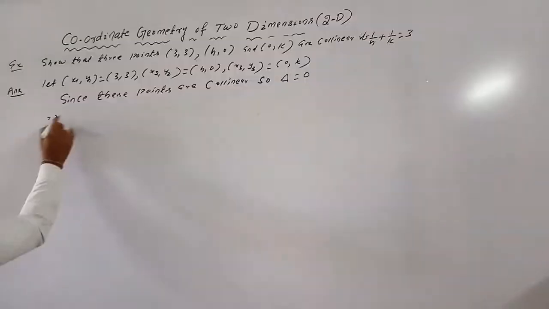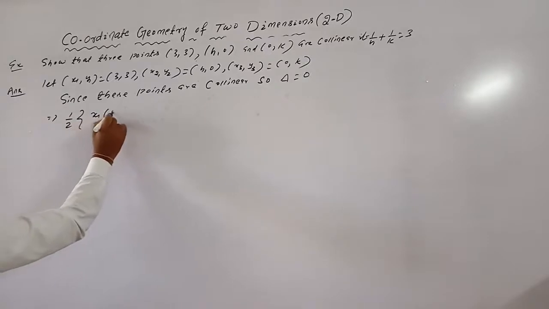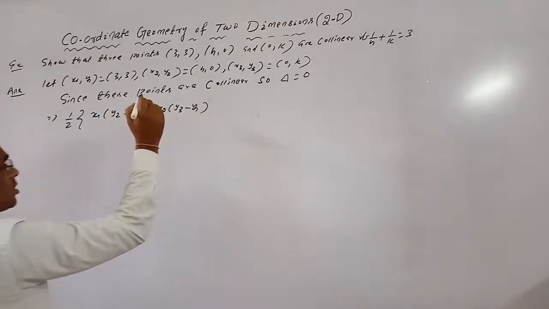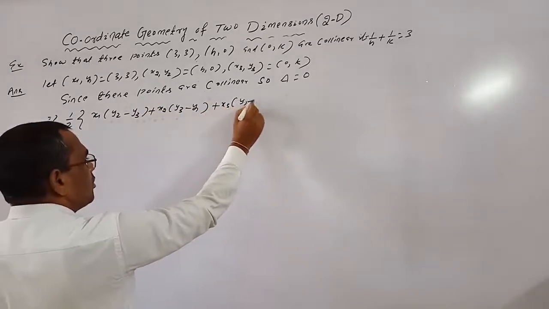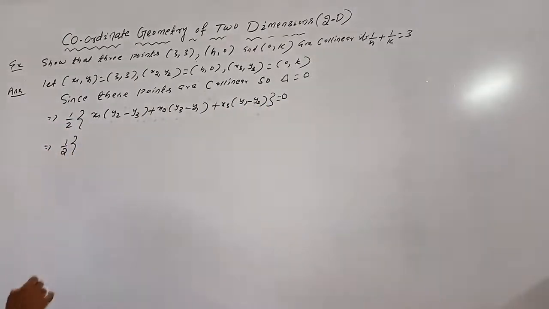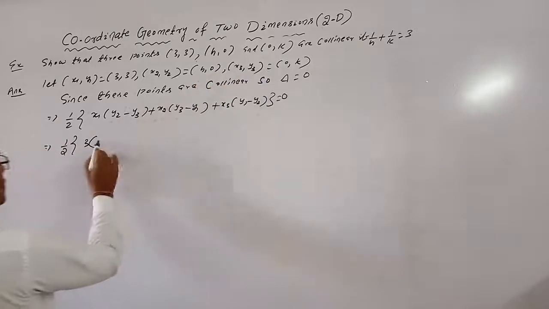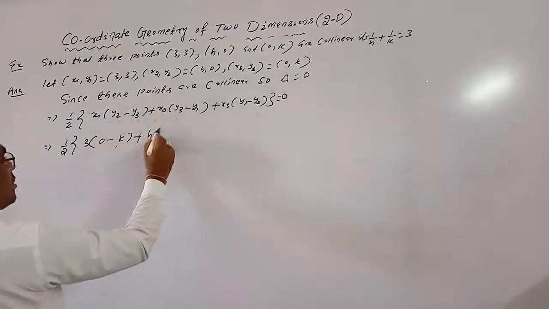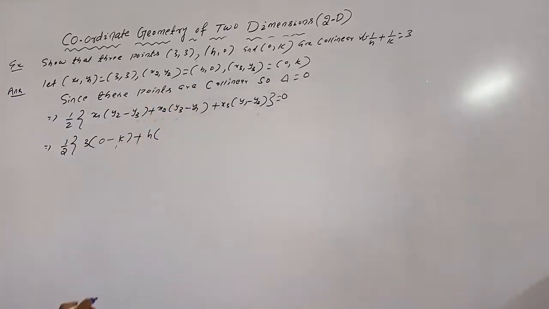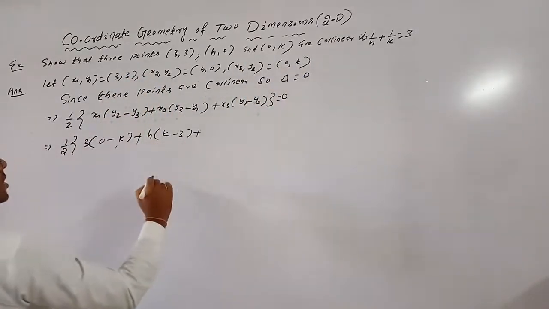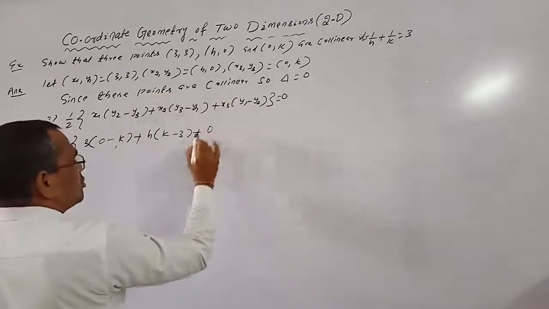That implies half into x1 (y2 minus y3) plus x2 (y3 minus y1) plus x3 (y1 minus y2) equals 0. That implies half into 3 (0 minus k) plus h (k minus 3) plus x3, which is 0, so 0 into the difference.